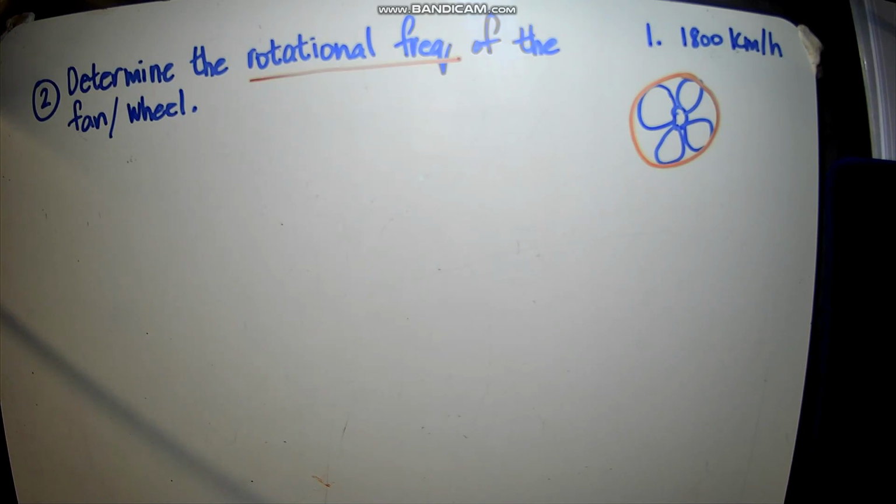Here they want us to find the rotational frequency, and that is noted as N. Now the formula is velocity is equal to pi times diameter times N. We have to make N the subject of the formula. How will we do this?